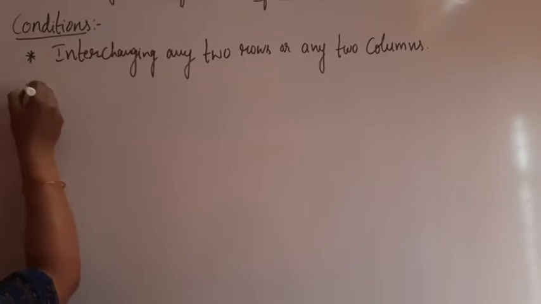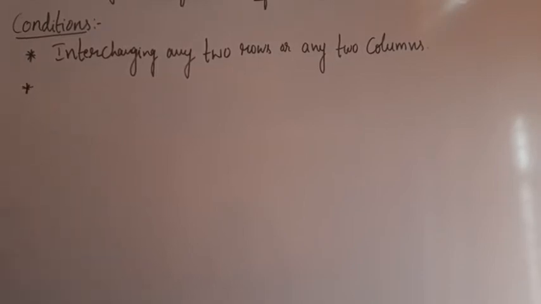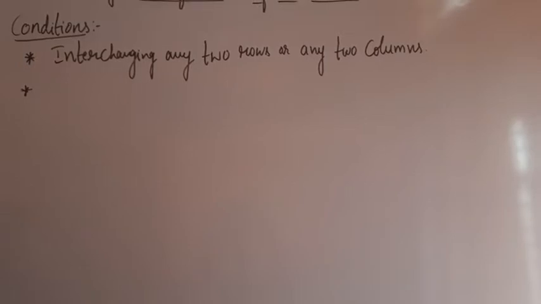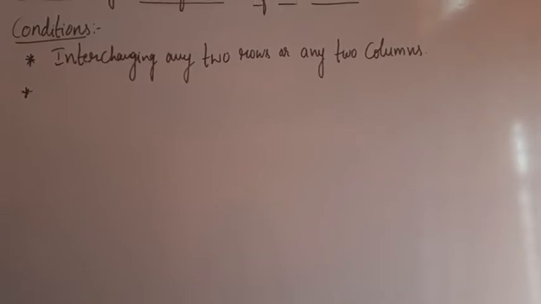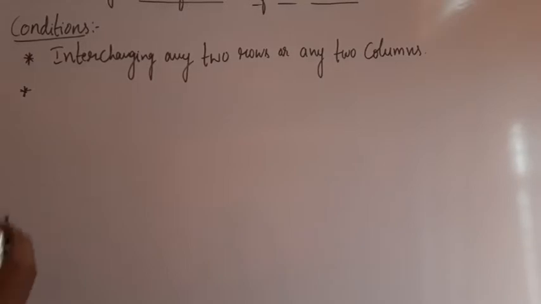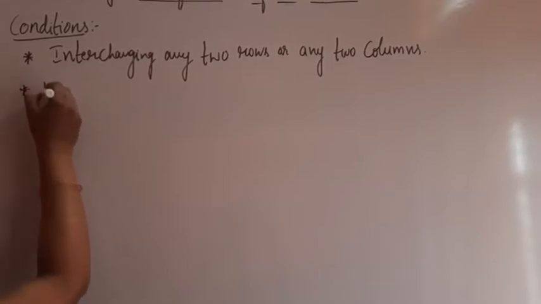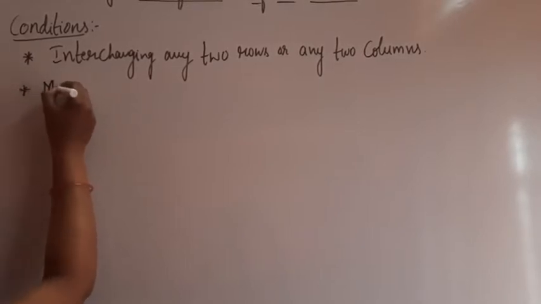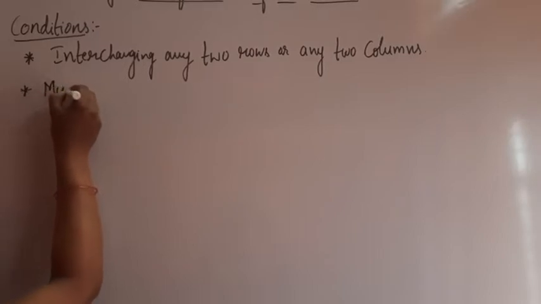So the second point is, here we can multiply by a non-zero number. A non-zero number to any one of the rows or columns. Multiplying the elements of any row or column by a non-zero number.